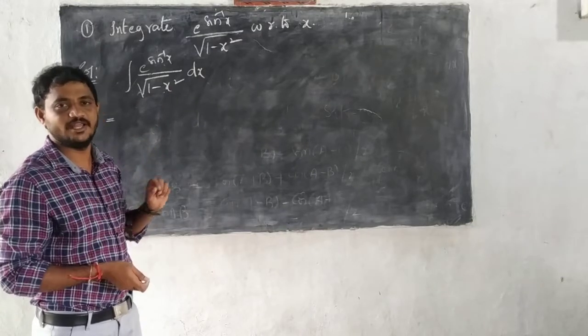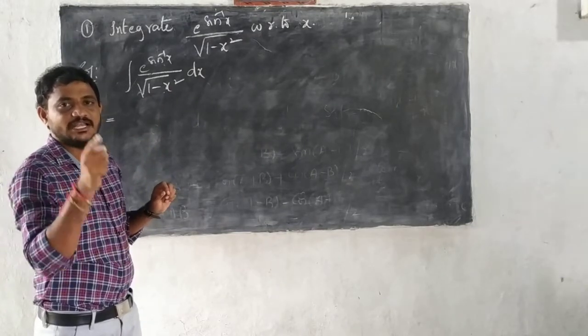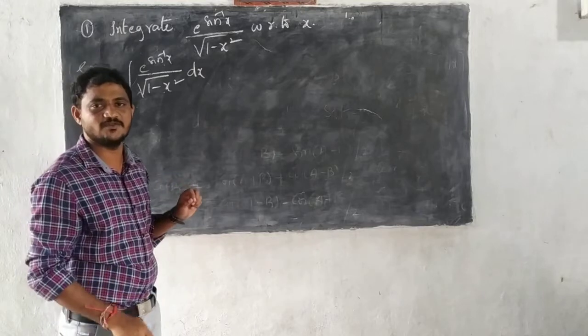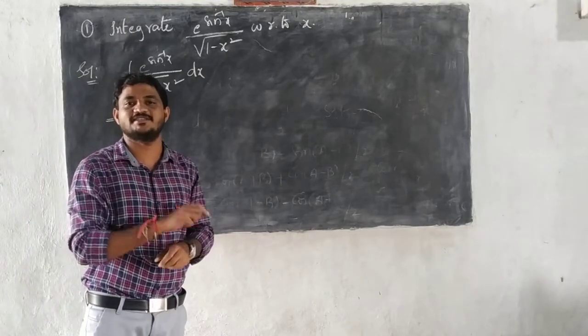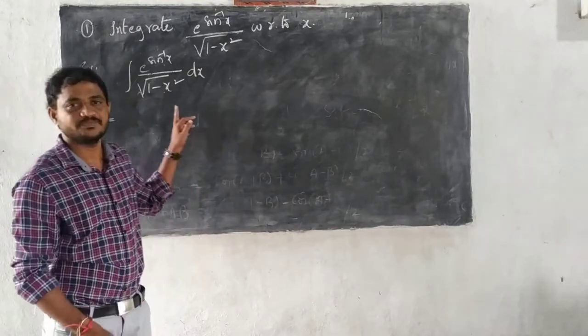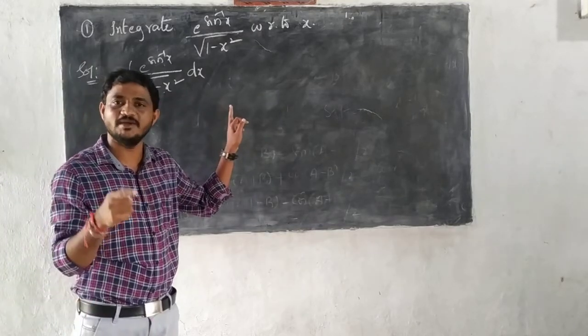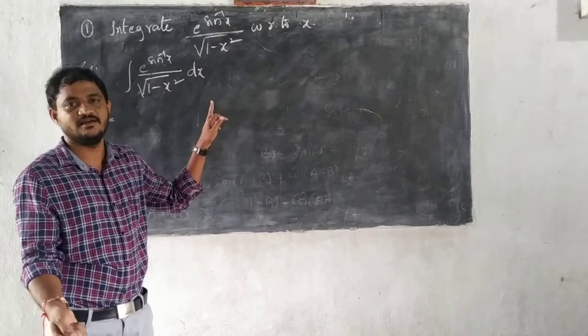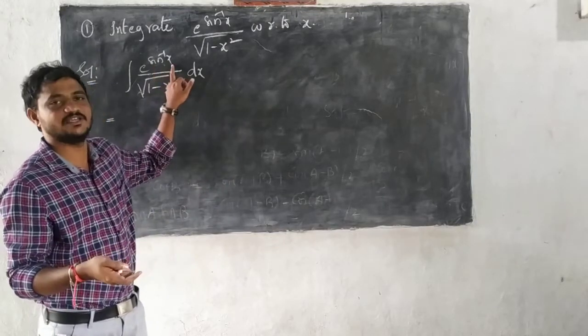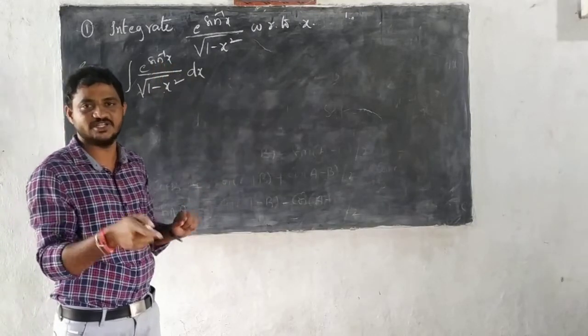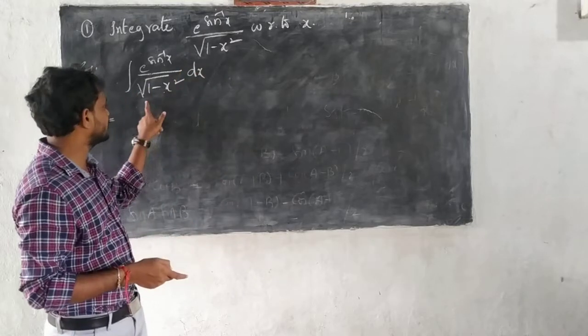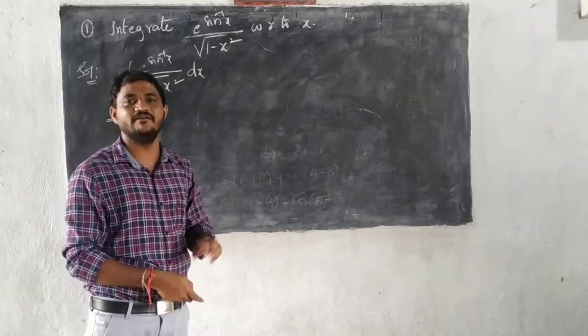If you observe carefully, the differentiation of sin inverse of x is what? 1 by under root of 1 minus x square. Right? So here, in the denominator, square root of 1 minus x square is there. That is nothing but 1 by under root of 1 minus x square. And sin inverse of x is a function and 1 by under root of 1 minus x square is a derivative.